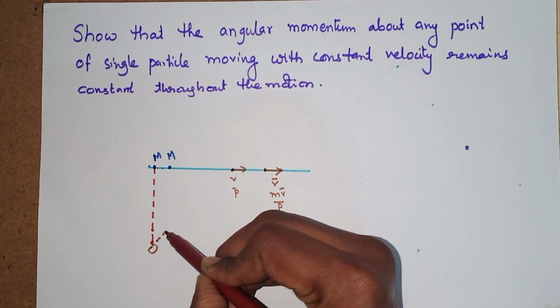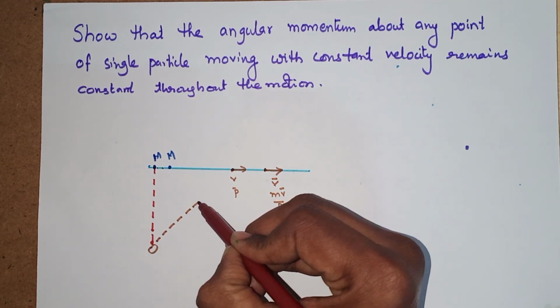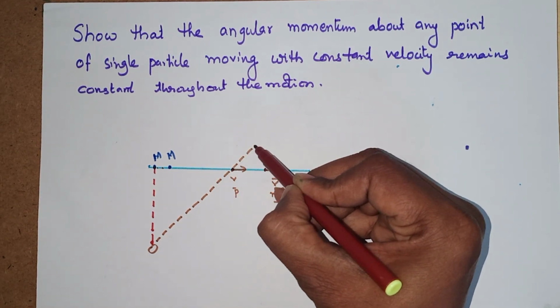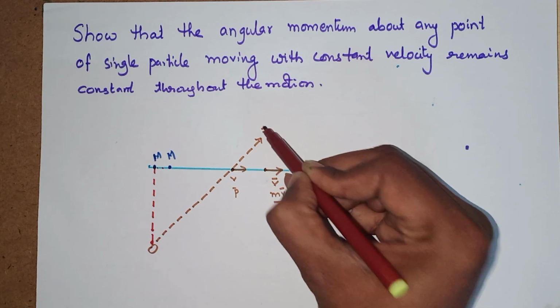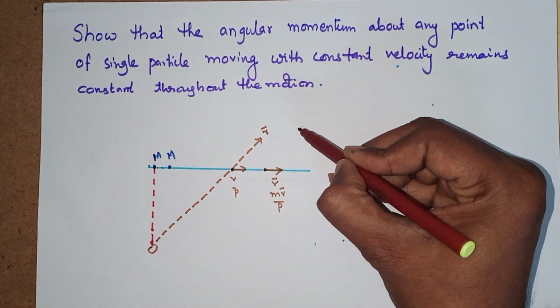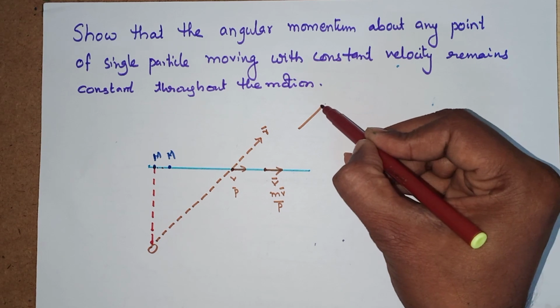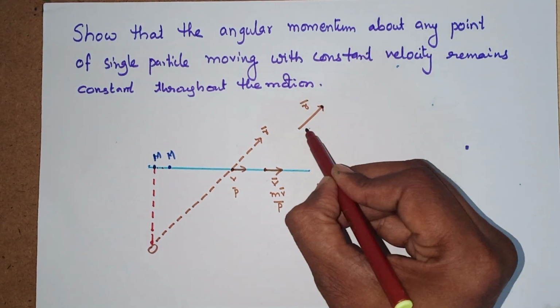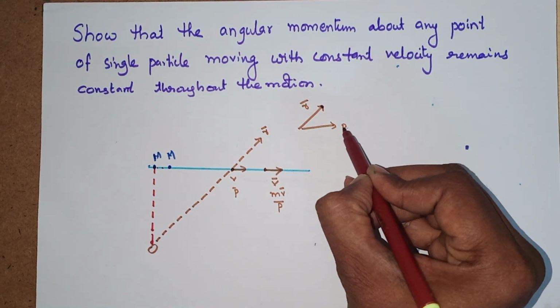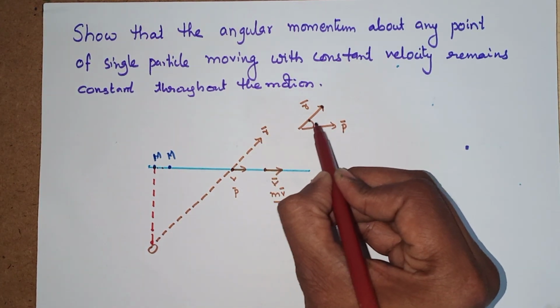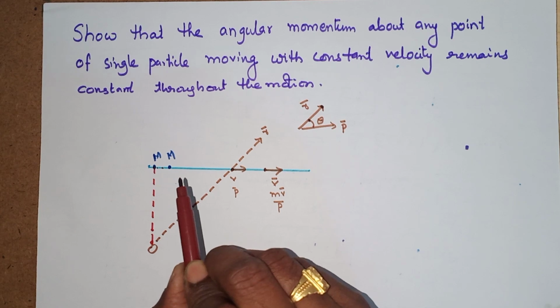Now this is r vector, and p vector is there. Now r to p is the angle.